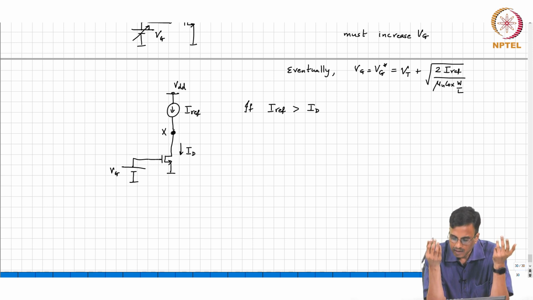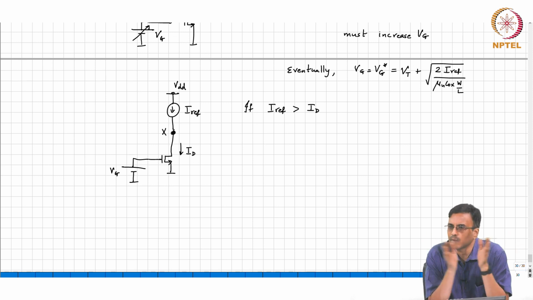If ID is smaller than IREF, what comment can we make about the potential of node X?